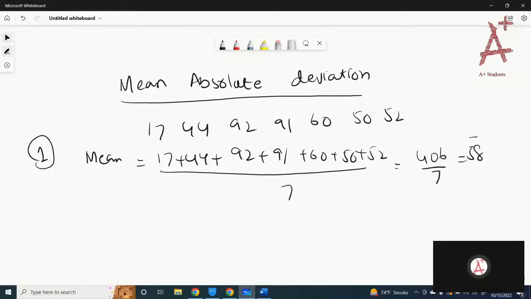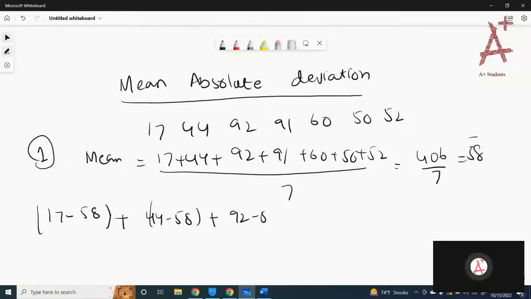Compute the mean absolute deviation. Just subtract the mean out of all the numbers. Got it? And then add them. Start from 17: 17 minus 58. Then 44 minus 58. Subtract the mean value from all the given data. Got it?